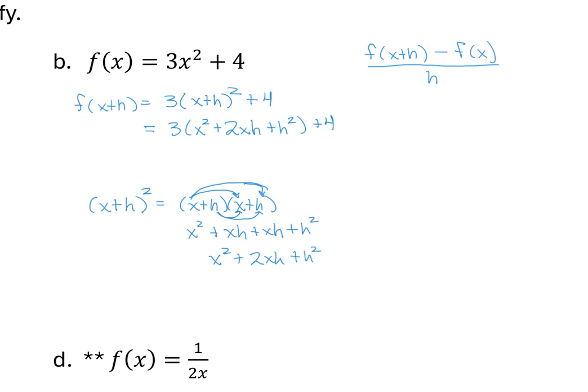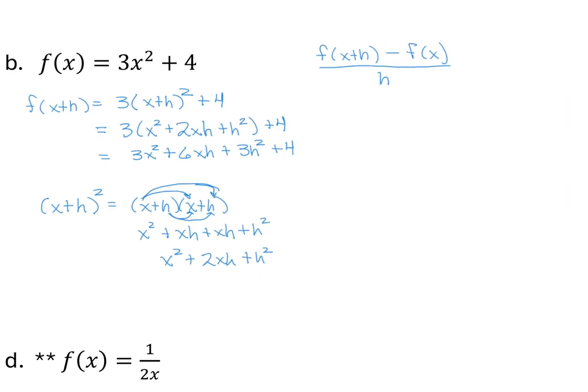As we're going to be doing this a lot, I do recommend memorizing this formula at this stage so that you don't have to FOIL it a lot. All right, if we finish simplifying, we want to distribute the 3 to all of these terms. So we get 3x squared plus 6xh plus 3h squared, and then we have our plus 4.